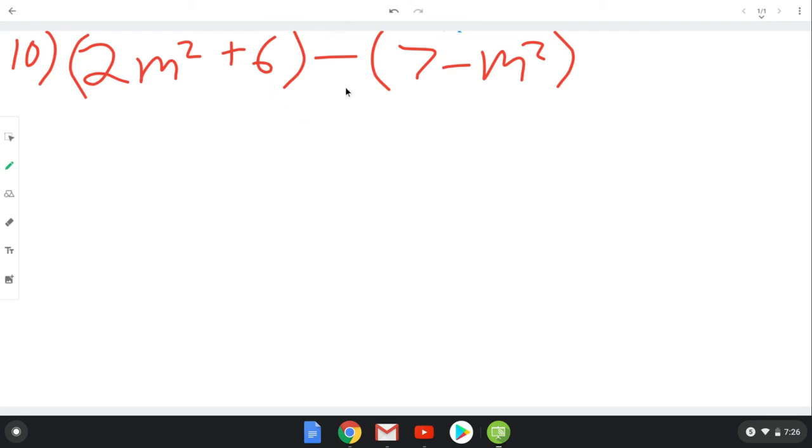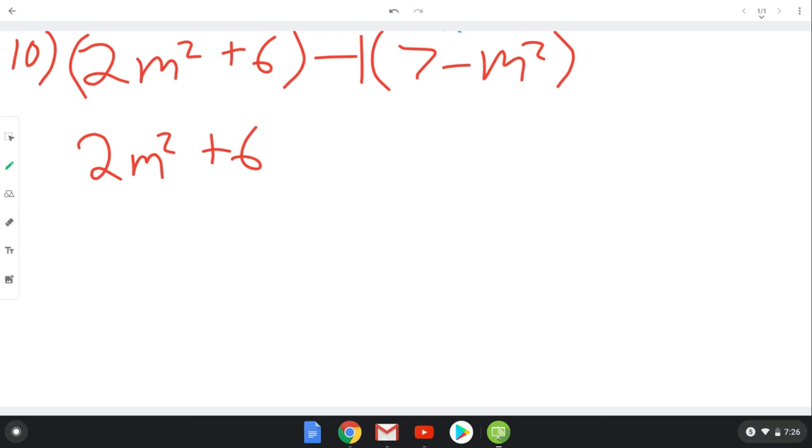The very, very important thing that we have to do when there is a subtraction, we have to remember that there's an invisible 1 here, and we have to distribute -1 to both of these before we can drop the parentheses, because this negative applies to both the 7 and the negative m squared. So this front parenthesis is going to stay the same.